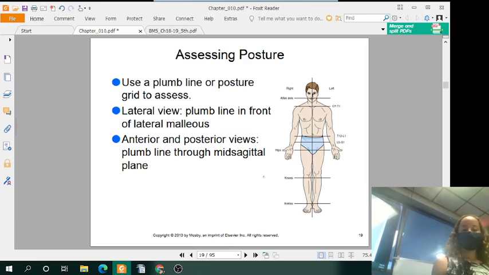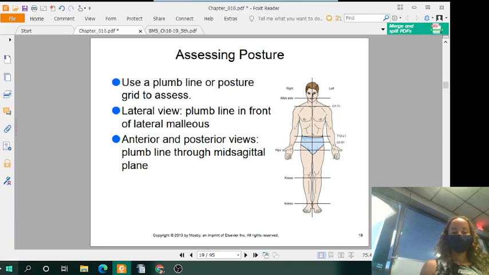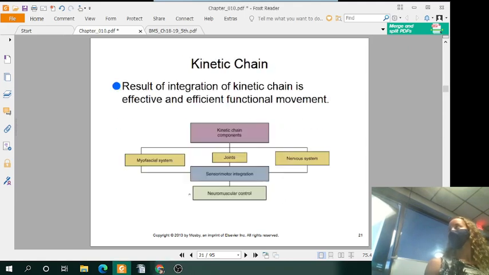Okay, let's talk about the kinetic chain. The kinetic chain is basically an integrated functional unit.